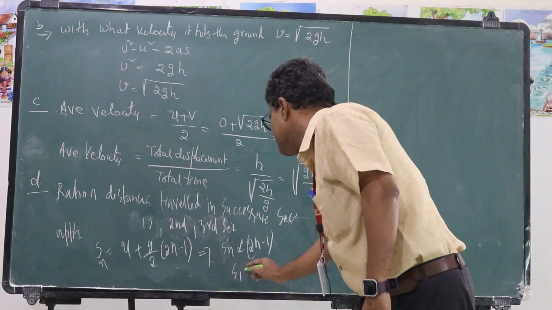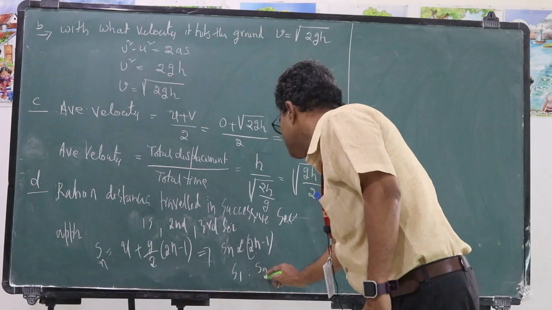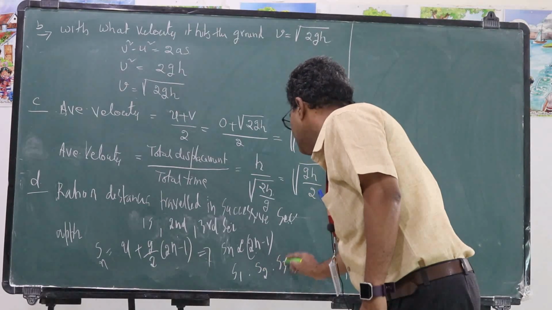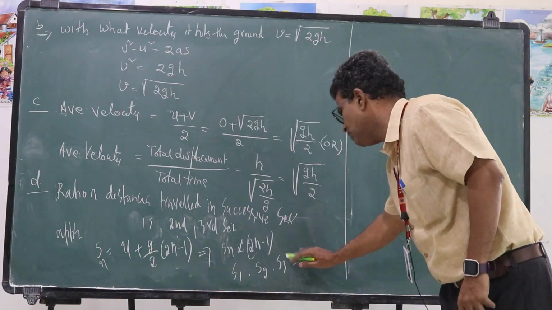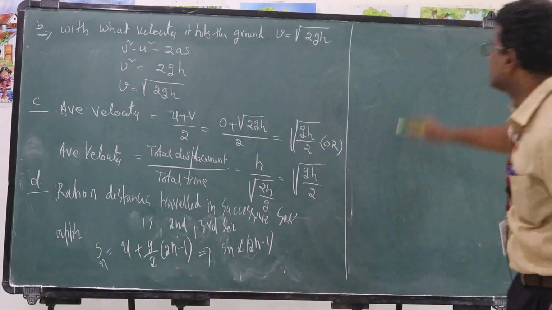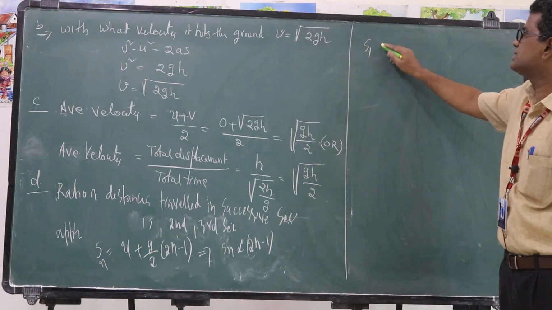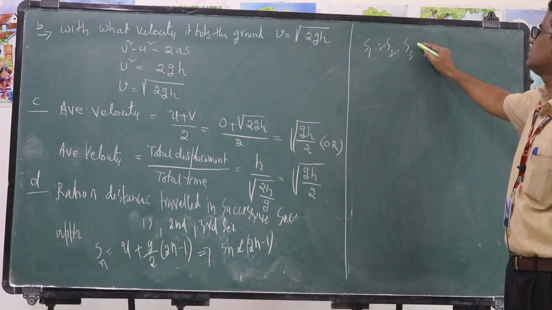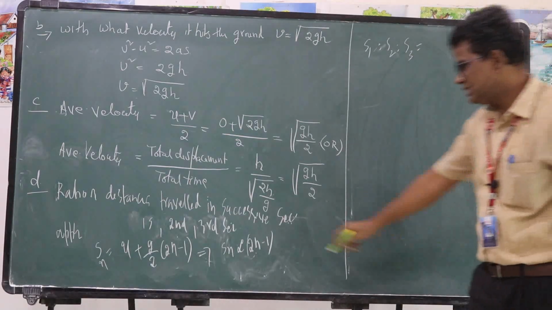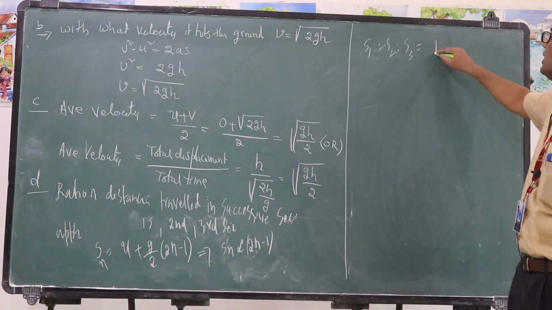So the ratio of distances traveled in the first second, second second, third second: you put n is equal to 1, you will get 1.